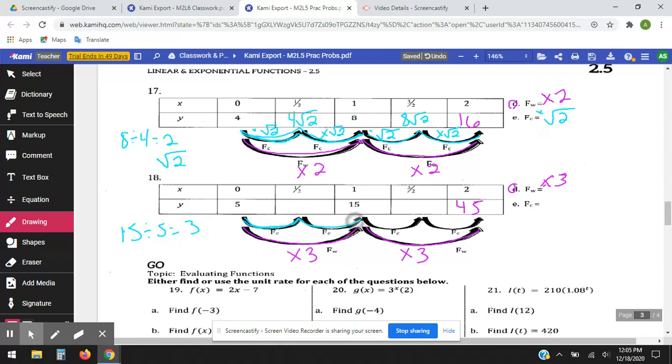I said I had 2 jumps, so that's a square root of 3. So times square root of 3, I want it exact, 5 square root of 3 times square root of 3. Square roots cancel out. 5 times 3 is 15. Do another jump, times square root of 3. That's 15 square root of 3 times another square root of 3. Square roots cancel out, give me 15 times 3. So I have a times square root of 3.